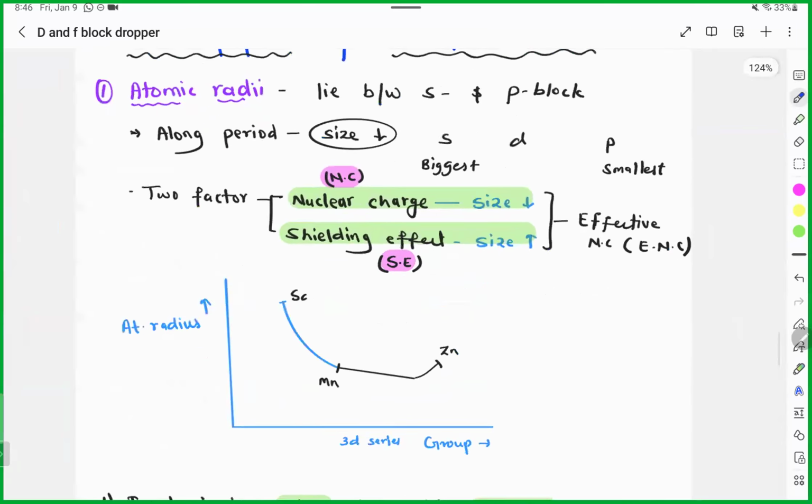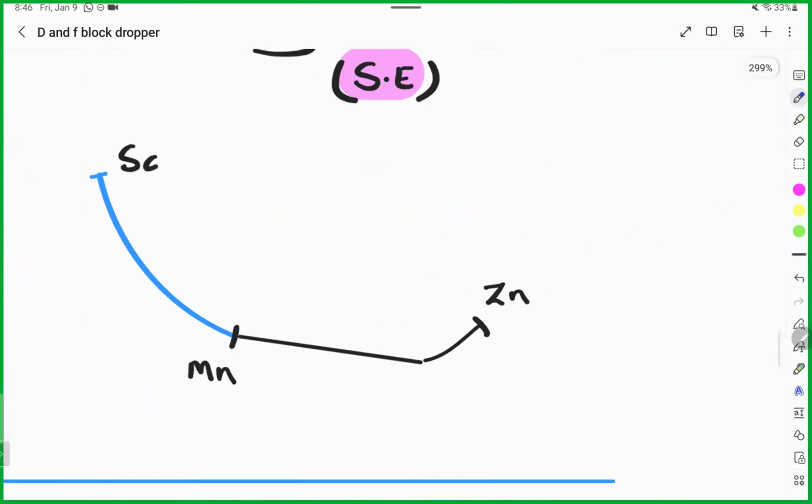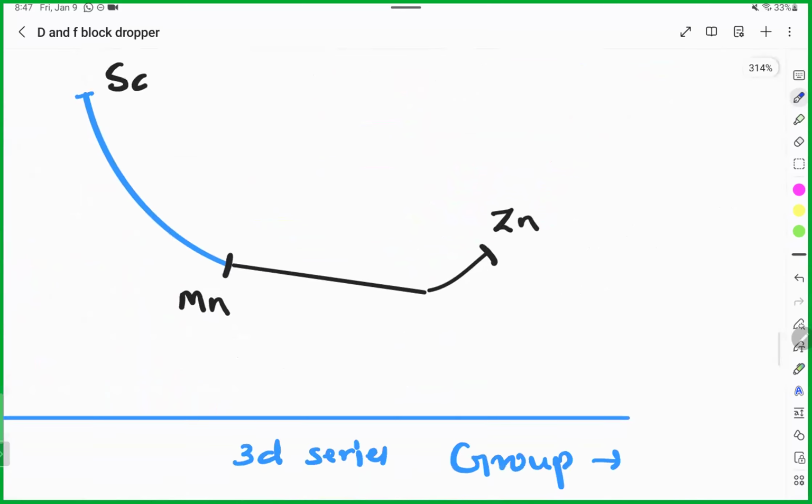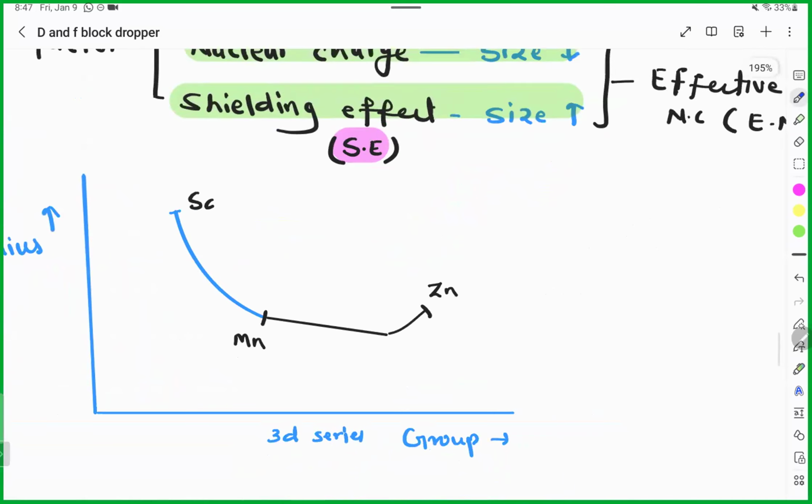See, if you see the size of zinc, it is bigger than chromium also. That's why you will see zinc's density is minimum, correct? And otherwise, it keeps on reducing. Do you remember this graph?